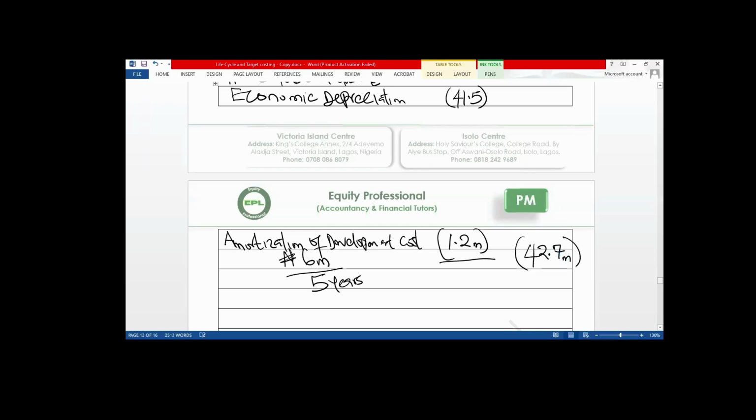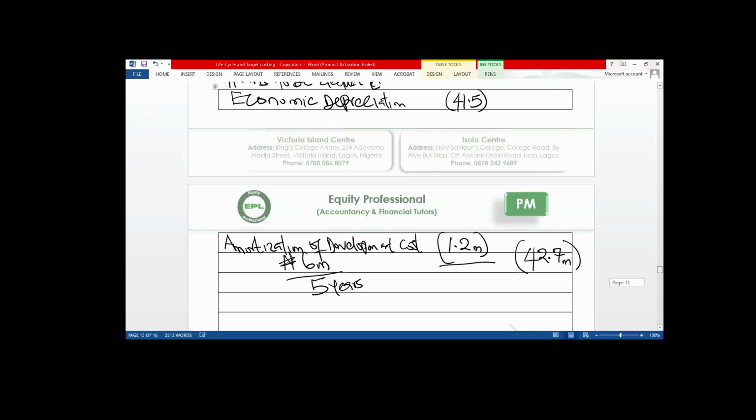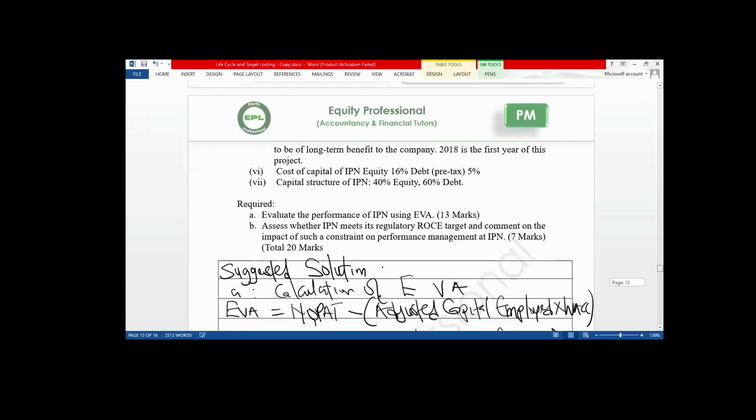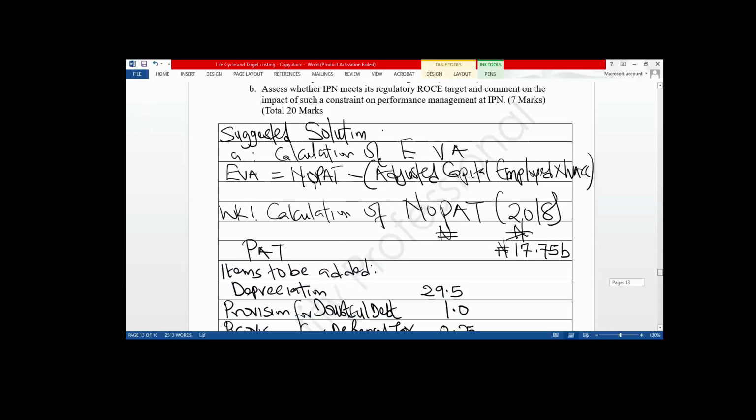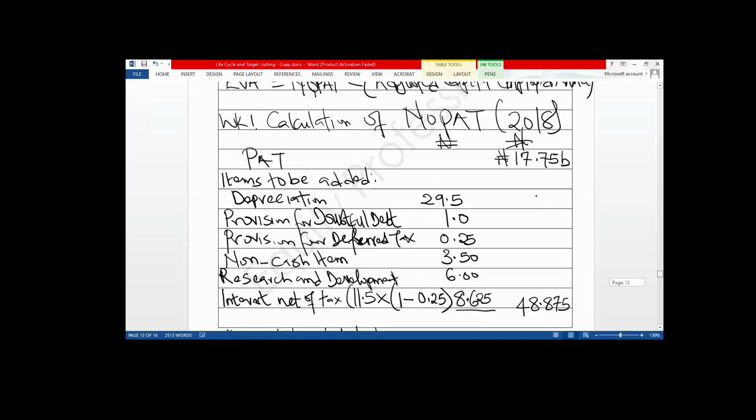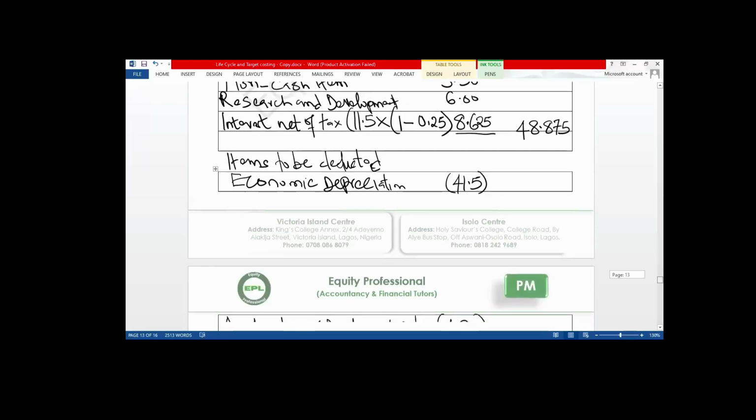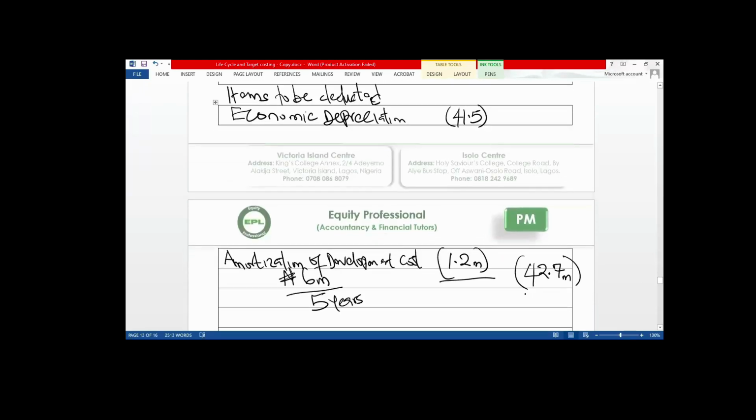You can now get your notepads. Look at it: 17.75 plus 29.5 plus 48.875. Let's add these together, then less 42.7.